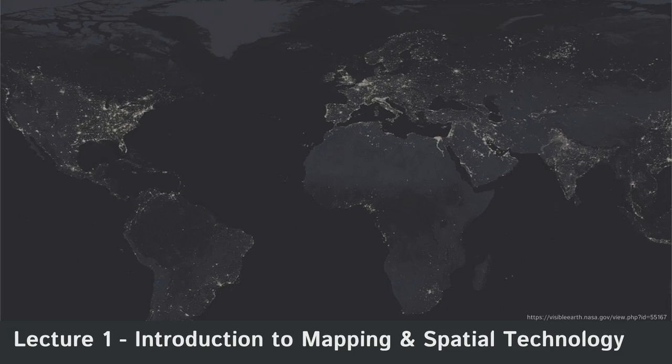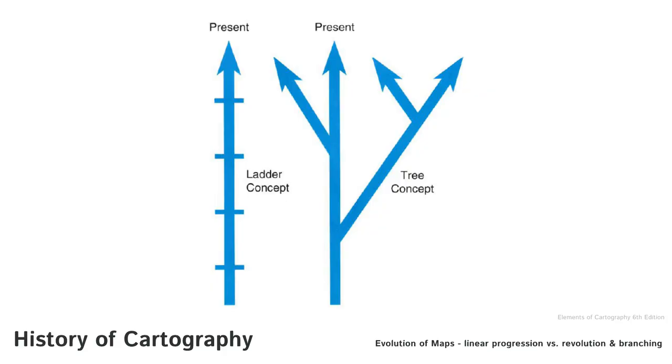map making and then also some of the early attempts at doing what we would consider to be GIS, or Geographic Information Systems. So let's get started here just thinking about the history of map making. And we can think about it in two ways.